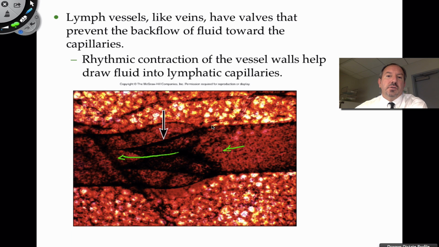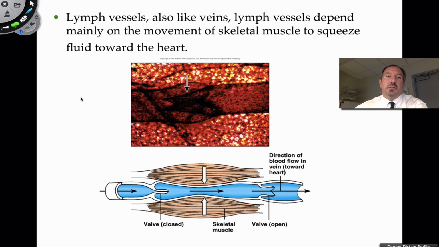We also have some smooth muscle that lines the lymph vessels and helps peristaltically contract the lymph through. But ultimately, what's really moving the lymph more than anything else is not just the smooth muscle, but the skeletal muscle.